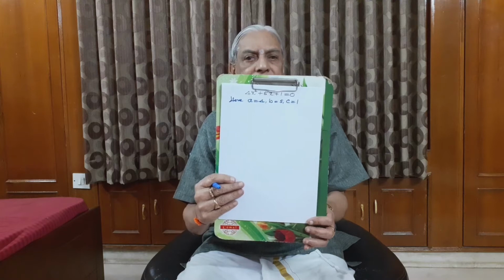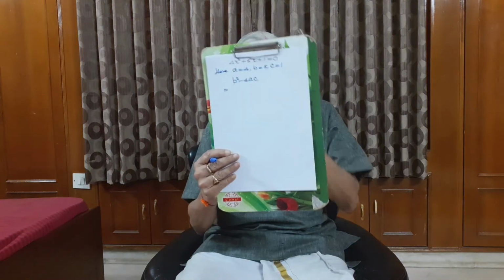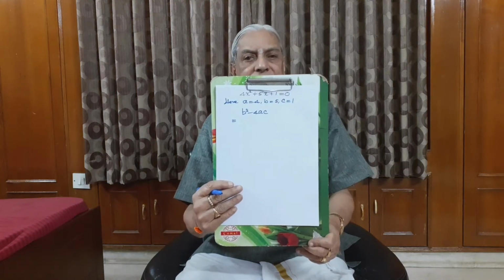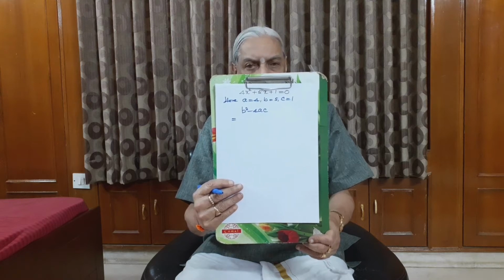Next, you have to write down the discriminant. The discriminant is b squared minus 4ac. Find out its value. In the next step, I write b squared minus 4ac, then I substitute for a, b, c. b takes the value 5.